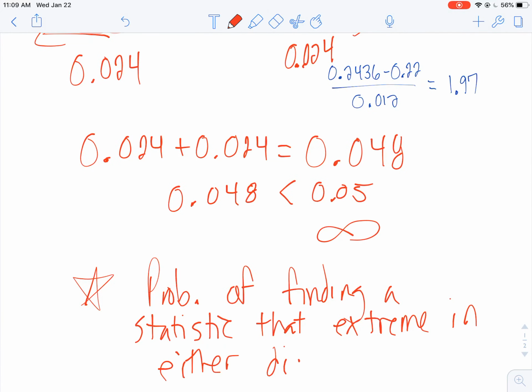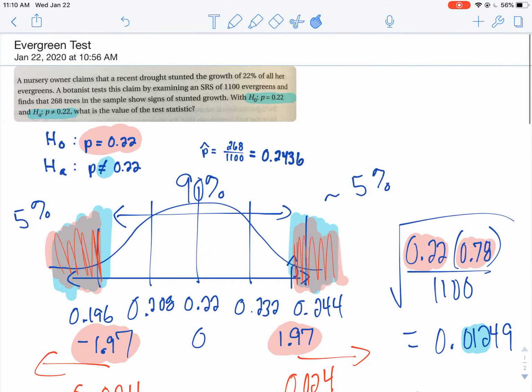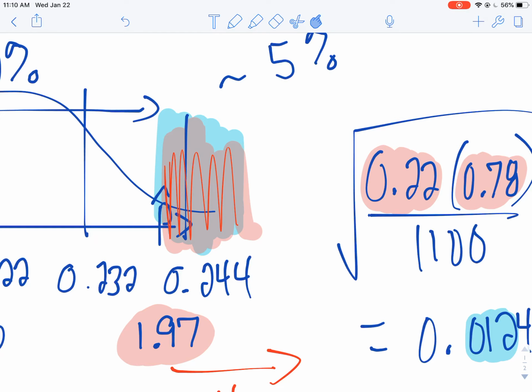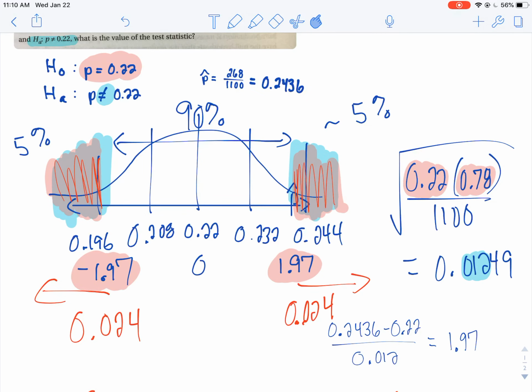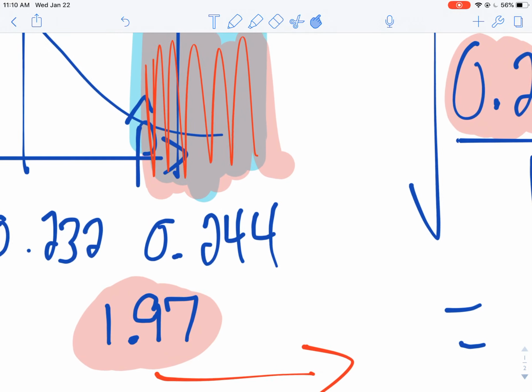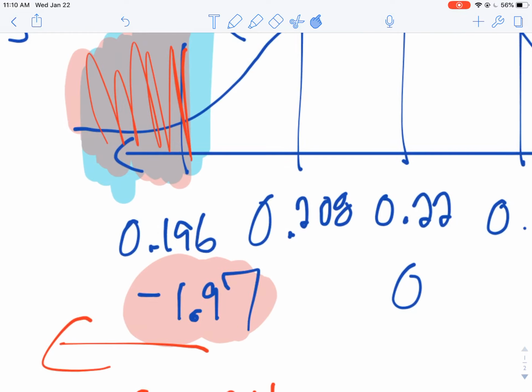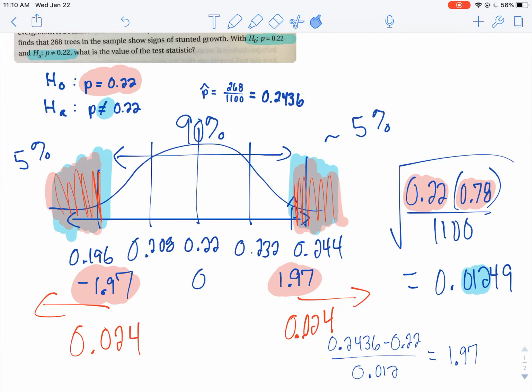That is the key here. So I just wanted to review that quick because it's really typical. A lot of times people just want to take the p-value based on the one direction they're determining here. But remember, for a double-sided test, you want to double it because it's the probability of finding something extreme in the high direction as well as something that extreme in the low direction. Hope this helps.